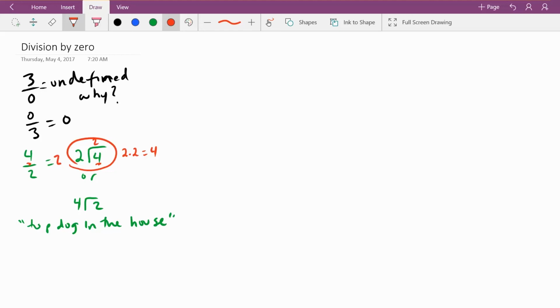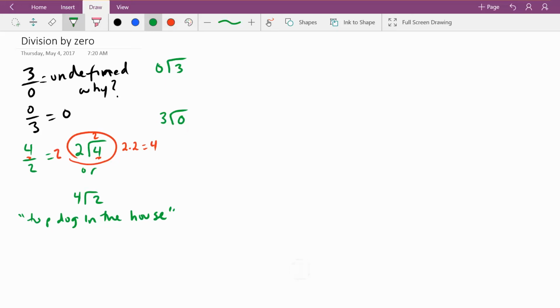So first off, top dog in the house, 3 over 0 is the same thing as saying 0 into 3, whereas 0 divided by 3, top dog in the house, is 3 into 0. Well, why will this one work and this one will not? Let's say 8 over 2, just so I can relate this.